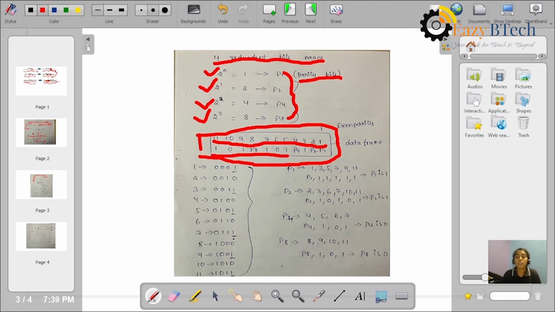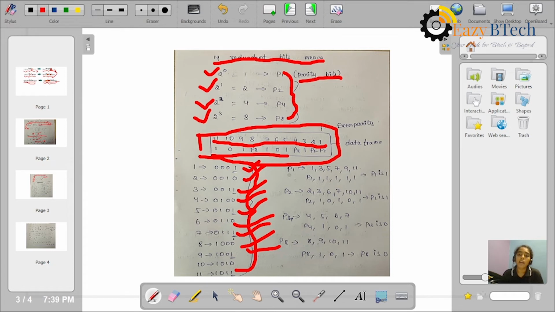So 11 bits means we have a binary calculation for 11 bits. See, each and every bit in binary format I wrote: 6, 7, 8, 9, 10, 11. Okay, these are the binary format.